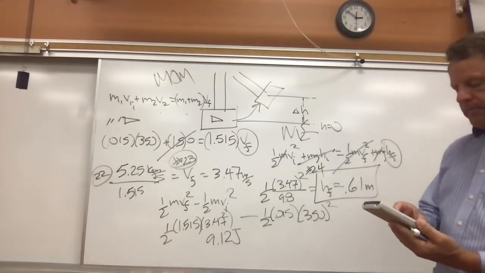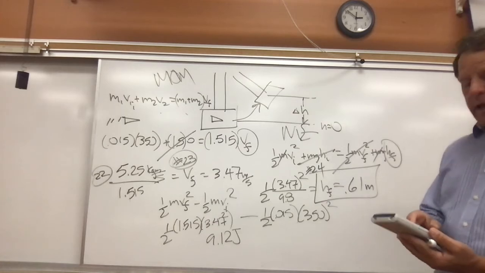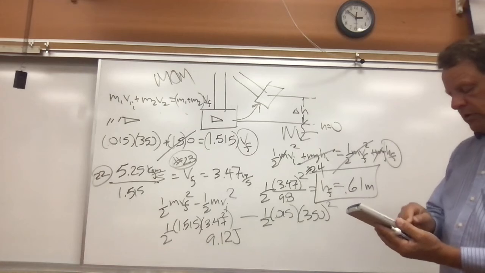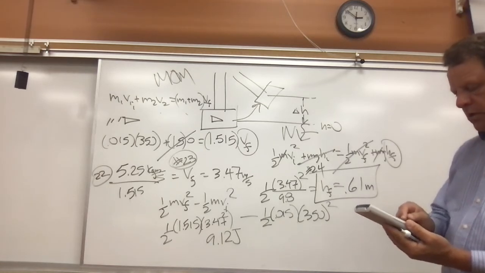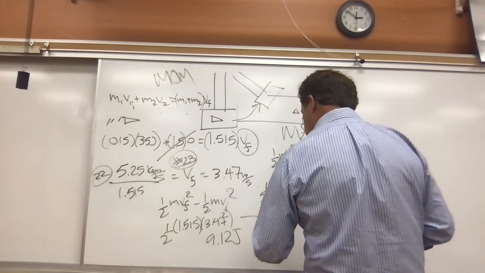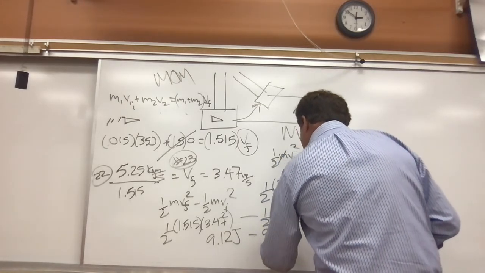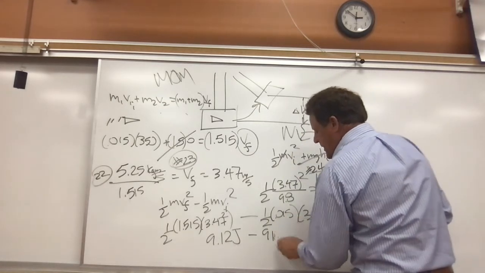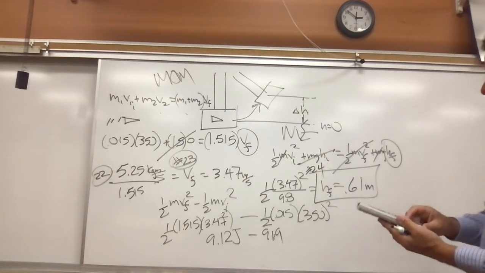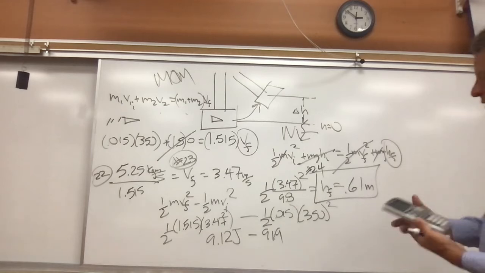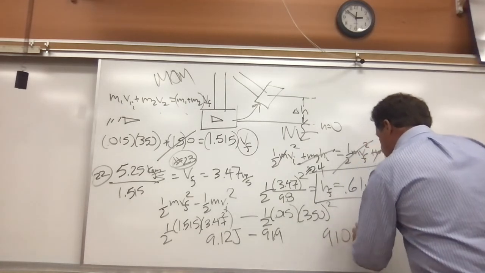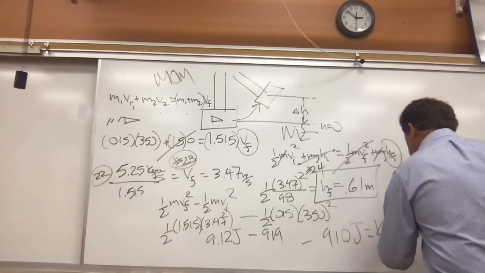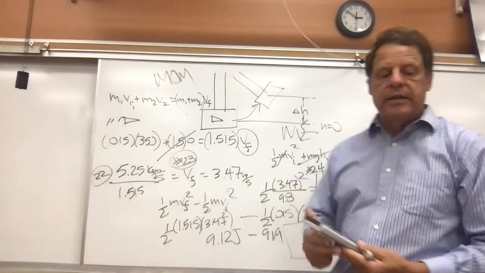So we can see here that we're going to have a lot of kinetic energy. 350 squared times 0.015 divided by 2 is going to give us 919 minus 9, and essentially that's going to give us 910 joules that is lost. And that is the answer to 25.